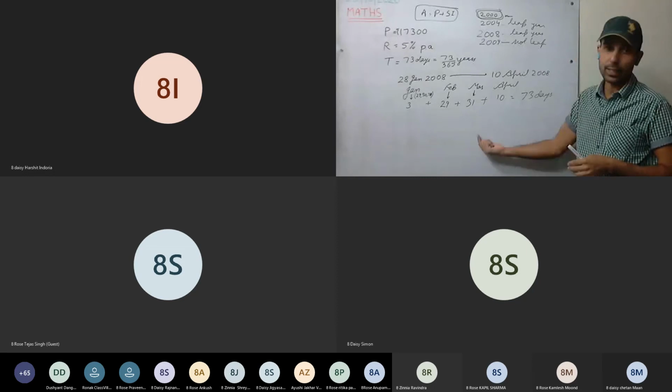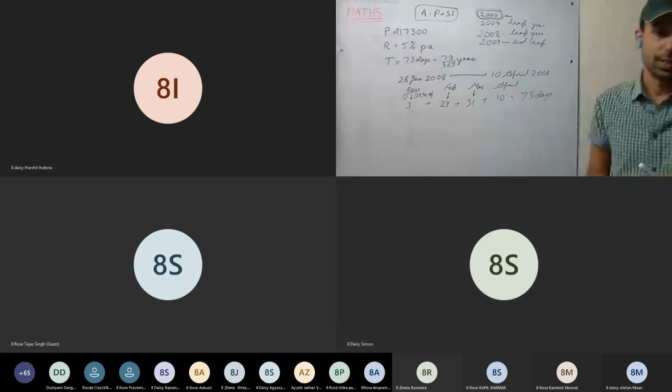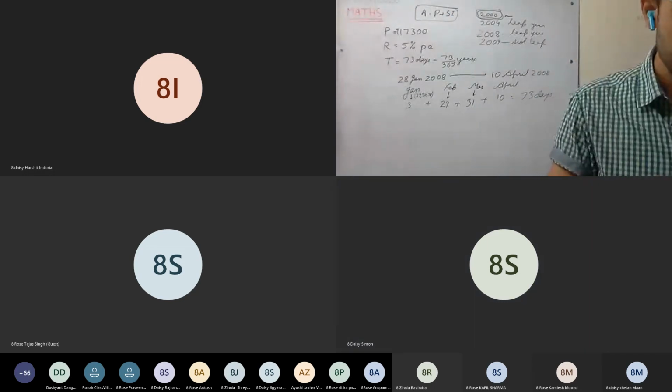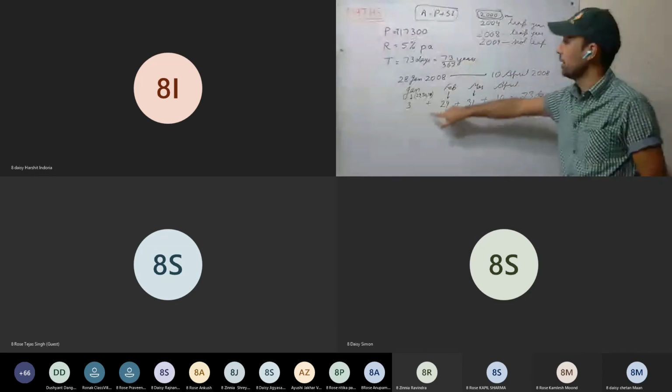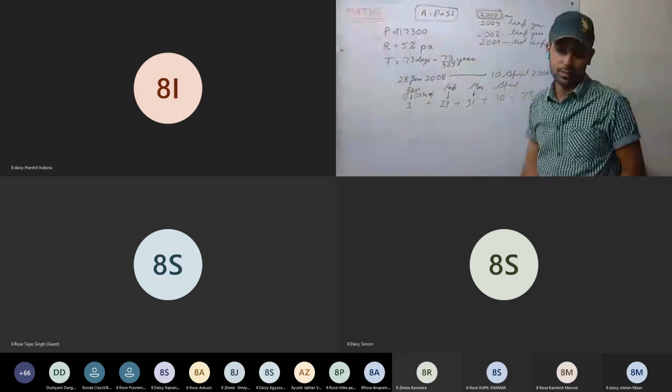Those who have completed this question can go for the next question. Now convert the time into years, then calculate the simple interest.